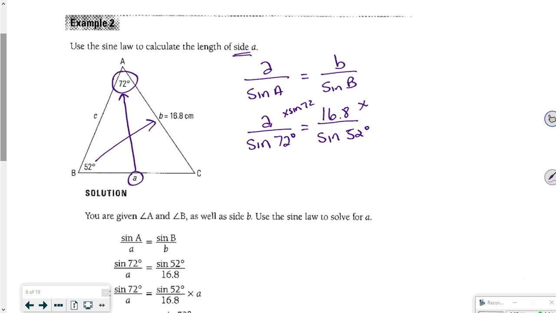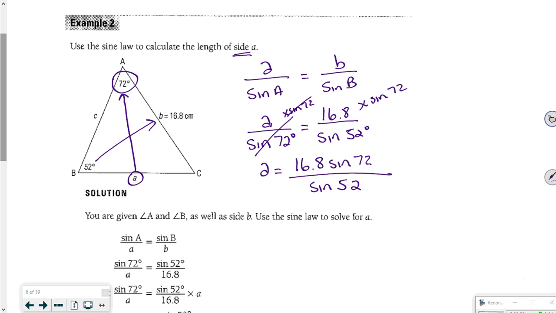When I have a times sine 72 and a divide sine 72, they cancel out. And it just leaves A on this side. On the other side, that times sine of 72 goes on the top. So I've got 16.8 times sine of 72 divided by sine of 52.